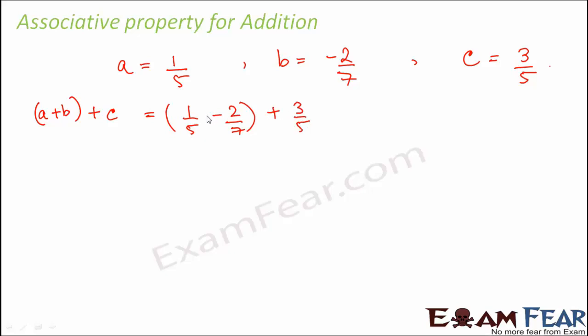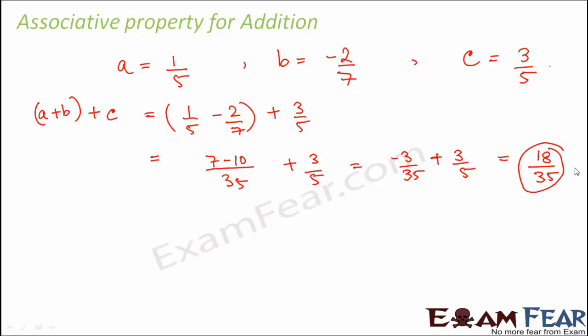Now why is this minus? Because this is plus of minus 2 by 7, and plus minus is minus. That's why minus 2 by 7. So this will come out to be 7 minus 10 divided by 35 plus 3 by 5. This comes out to be minus 3 by 35 plus 3 by 5, and this comes out to be 18 by 35. So this is the value that we get for (A plus B) plus C.